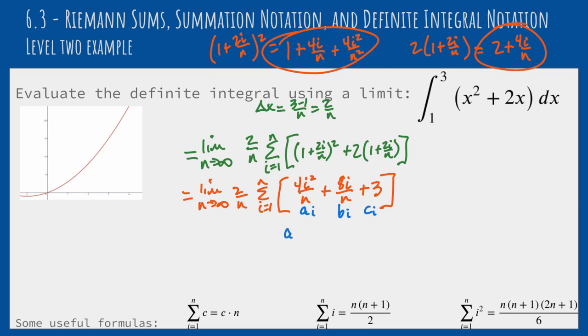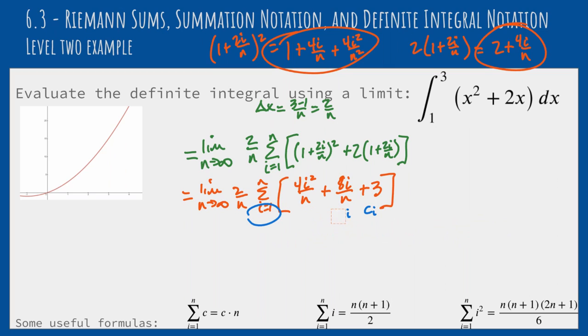We're going to have an a sub 1 plus b sub 1 plus c sub 1. That's going to be when i equals 1, and then a2, b2, c2, and then a3, and so on, right? Well, what I'm going to do is write them as separate sums. I'm going to put the a's in one sum, the b's in another sum, and the c's in another sum.